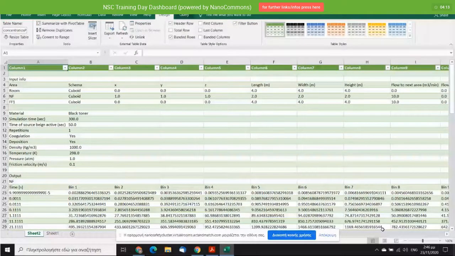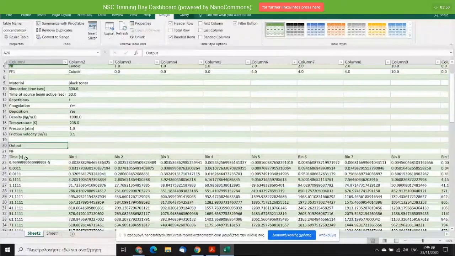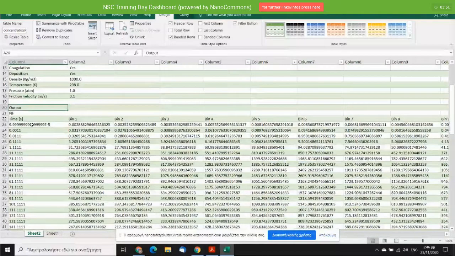First of all, we have the input information, which is summarized here. This is because in general we want to integrate all the information that we have used. So this is the input that we have used in order to generate the output, where the output, as you can see here, is for the near field area, the NF area.